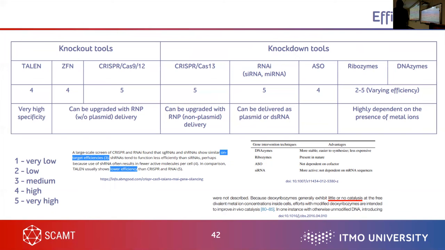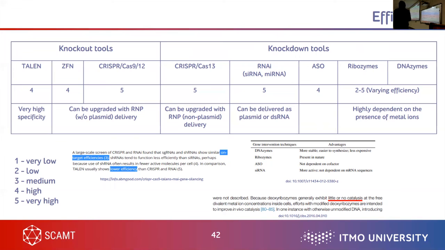They generally exhibit little or no catalysis at free divalent metal ion concentrations. The divalent metal ion concentration inside the cells is low, so not always will the cell have the concentration of metal ions that is required for effective cleavage of RNA with ribozymes and DNA enzymes. So I decided to mark them from 2 to 5, but it would be fairer to mark them from 0 to 5.